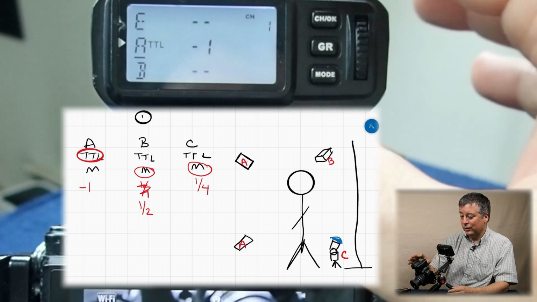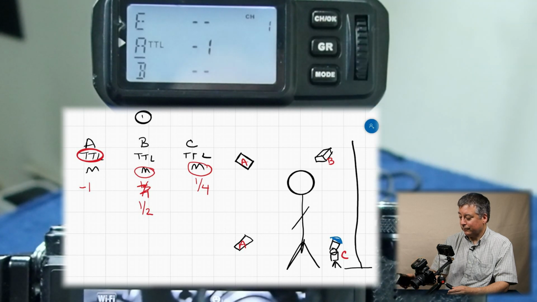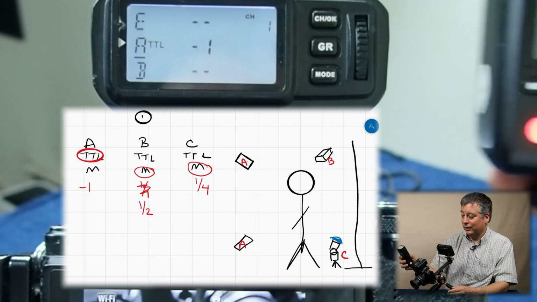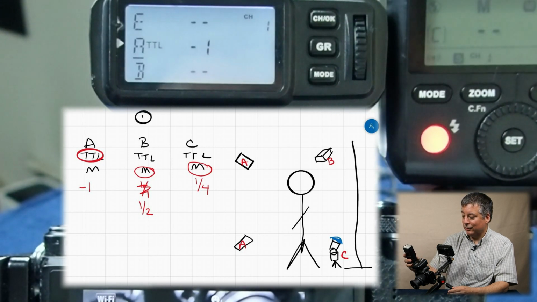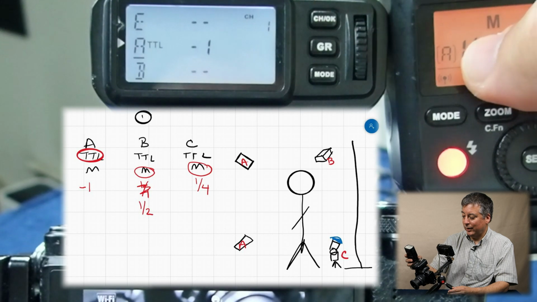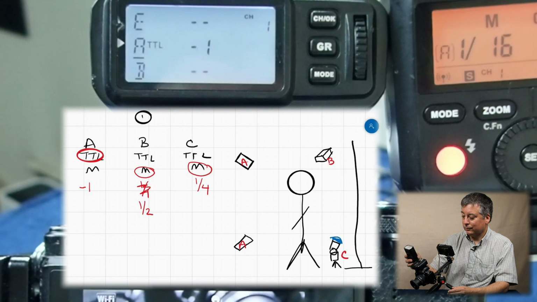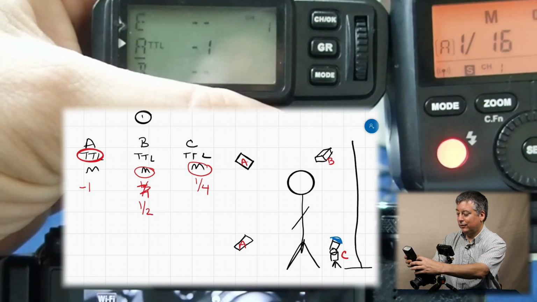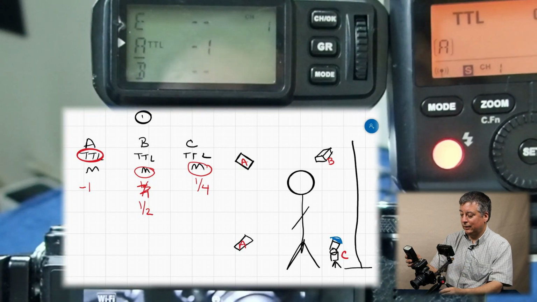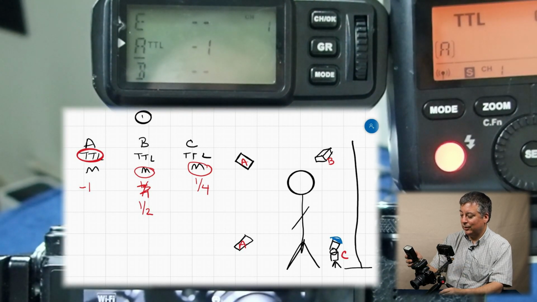And now the only flash that's going to trigger are the ones that are in group A. And in this case, I only have 1 flash. So I would make sure that the flash I'm using is in group A like so. And then I'll just do a test shot just to make sure it goes into TTL mode.